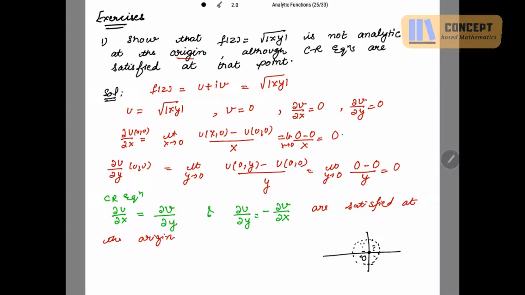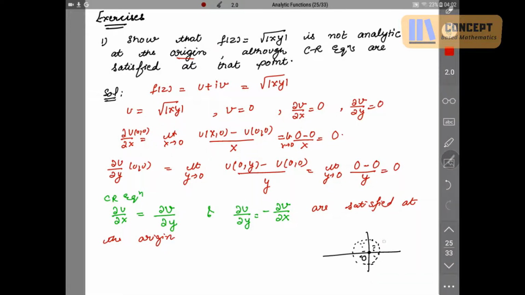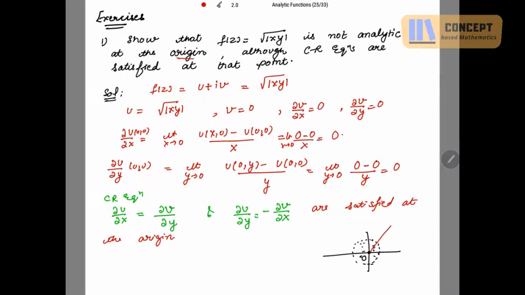So I'm letting z tends to 0 along the line y equal to x. If my function is not differentiable along y equal to x, then the function is not differentiable everywhere in the neighborhood of the origin.